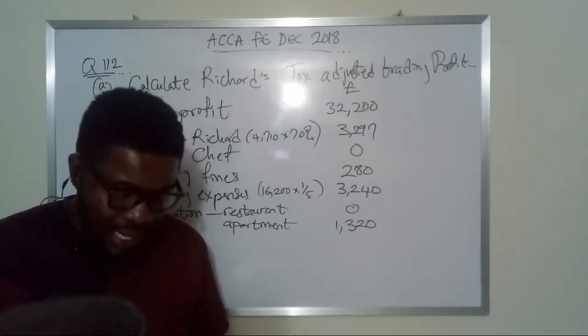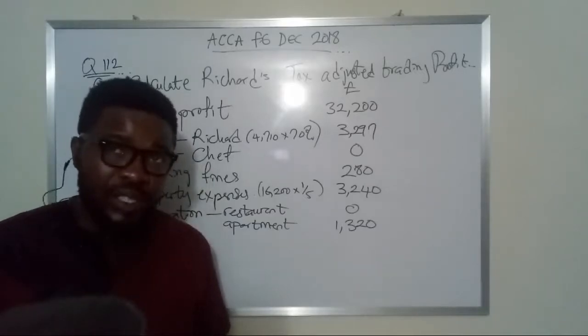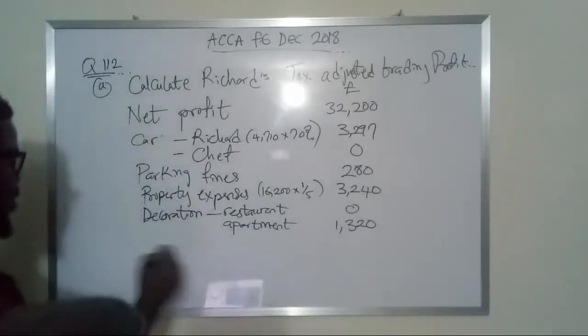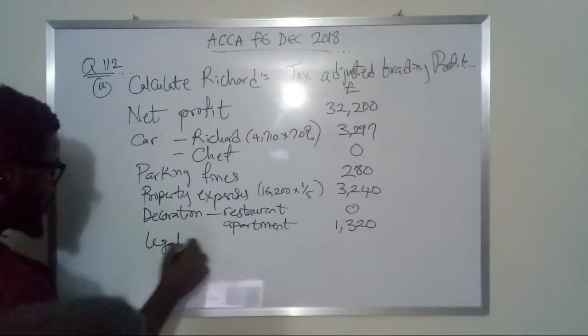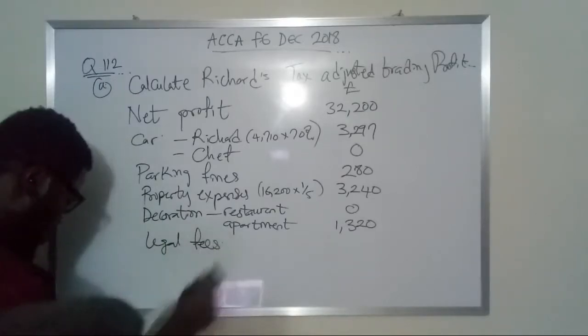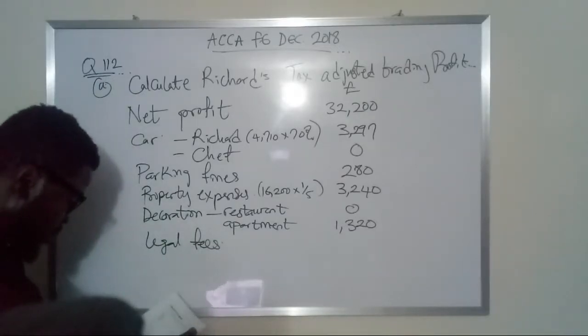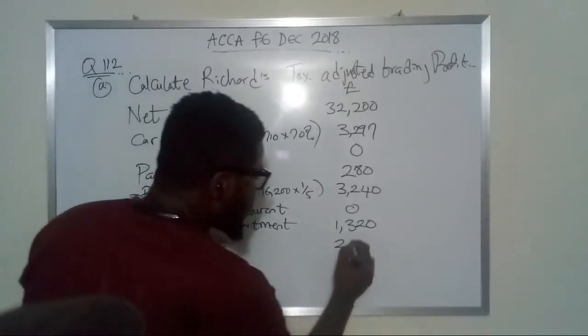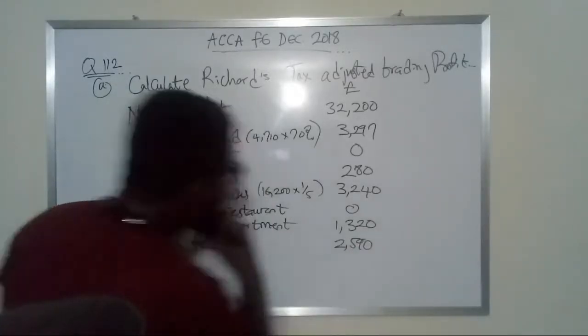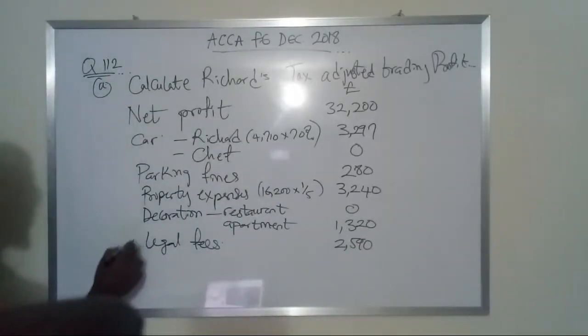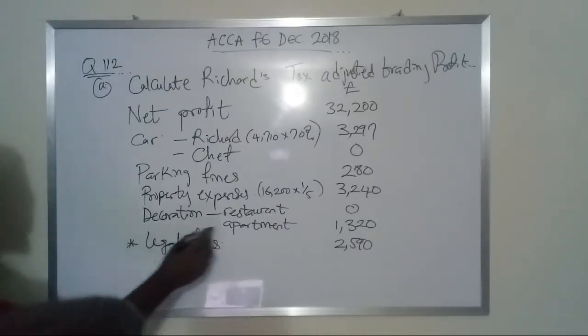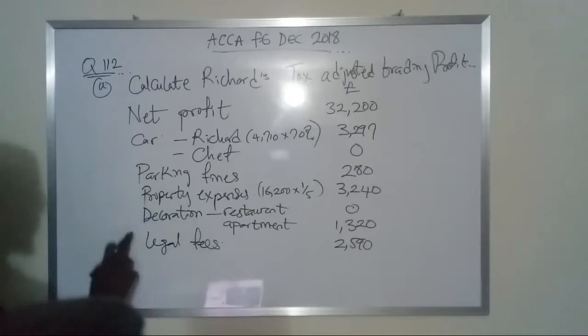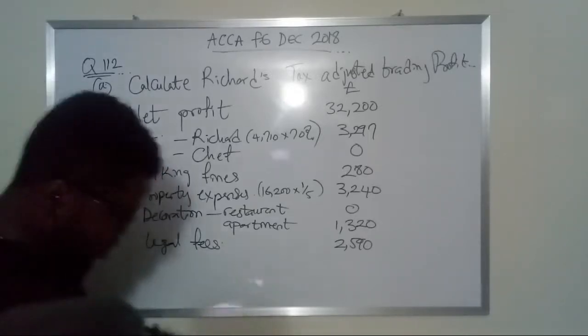Legal fees are not an allowable deduction, so clearly that will go in. Legal fees, 2,590. Now you have to take note of these things. Take note of this also.